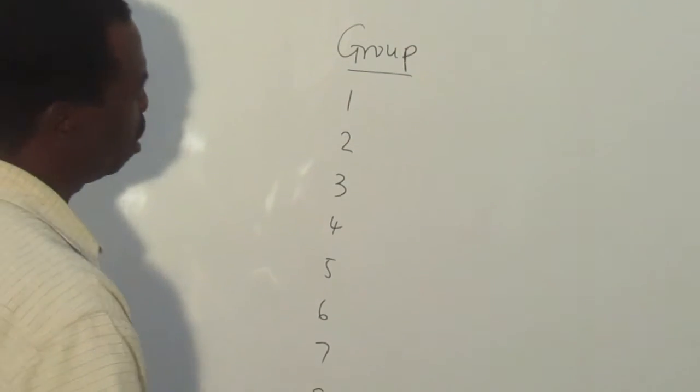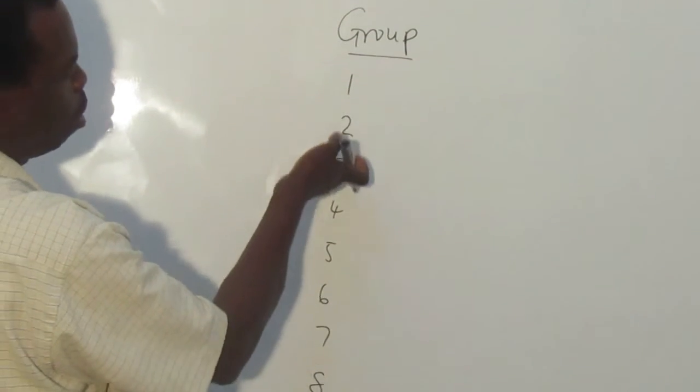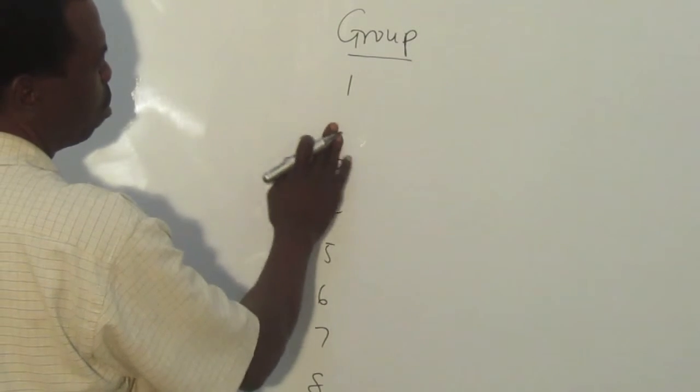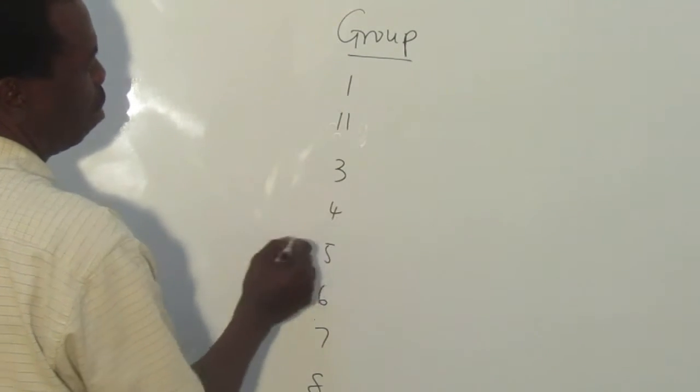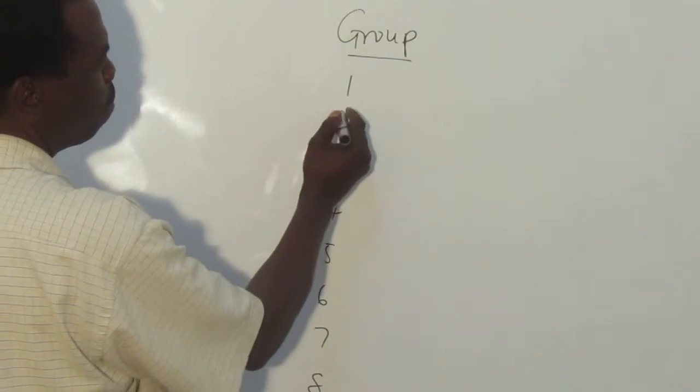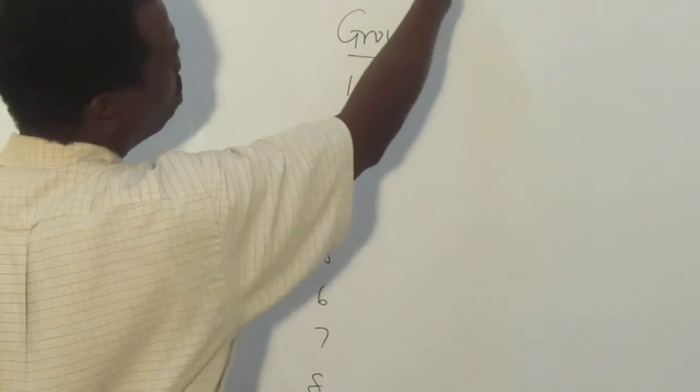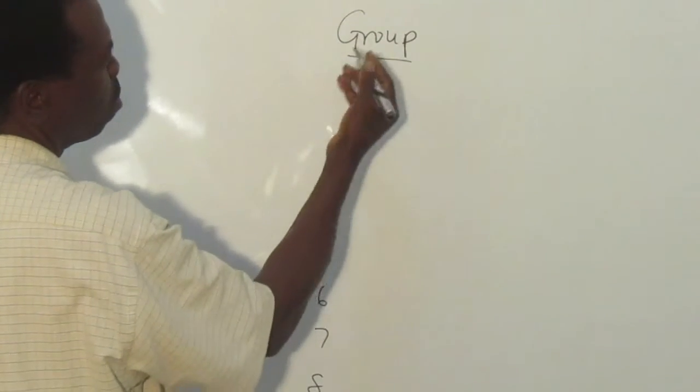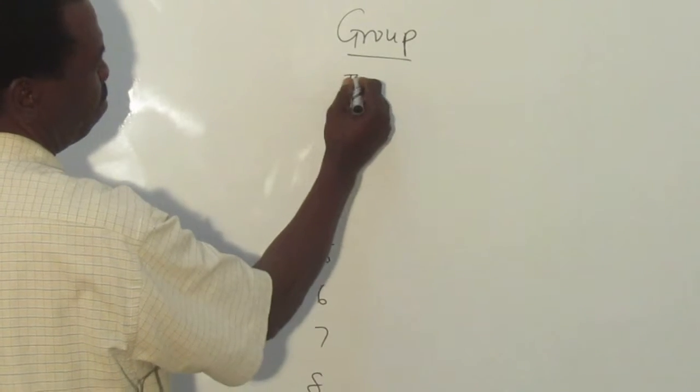In some books, they don't write the way I've written it, group 1, 2, 3, 4. In some, they use the Roman way. But for our purpose, let's use what is on the periodic table so that we should not get confused.